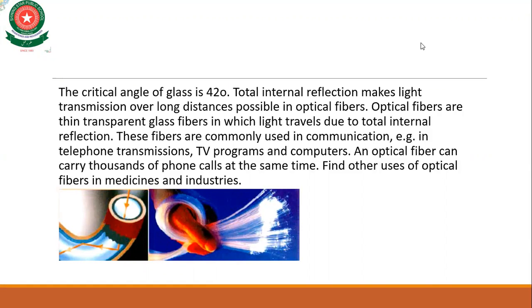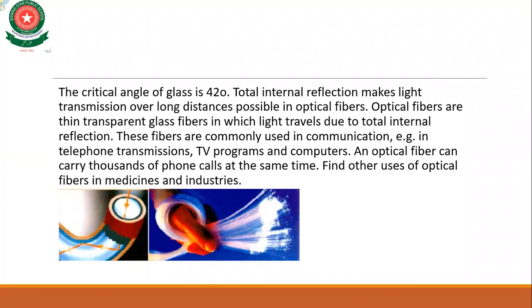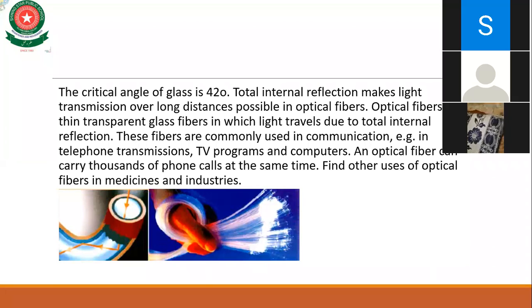This is because whenever calls or signals are transmitted through wires, they interact with each other, due to which their voices are mixed up. So the voice of people who are not in the call can be heard on the other's phone. That's why we use fibers, which do not allow the signals to interrupt. So that's why they are mostly used.